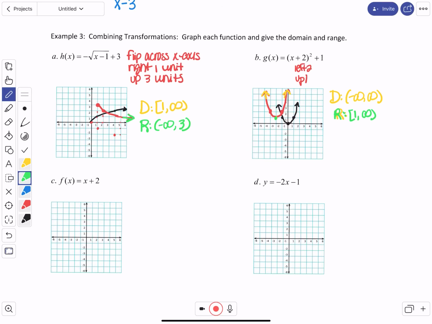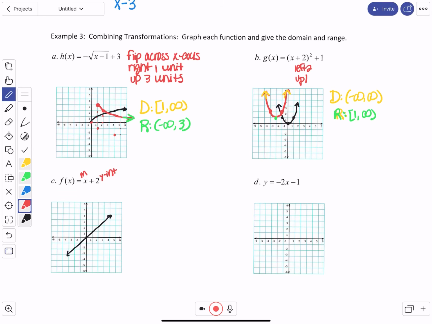Okay, so now when we get to C, remember this is just a straight line. You learned this in Math 1. And remember this is just your y-intercept, and this is just your slope, or m. So all that's changed on this one was your y-intercept.